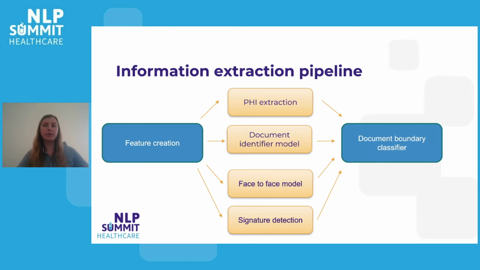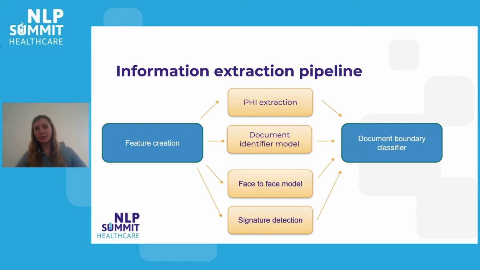The first task is to identify where one document finished and where another starts. After we identify that, we will need to split the visits. Within every document, it can be a visit or not a visit, and a visit can be codable or uncodable.